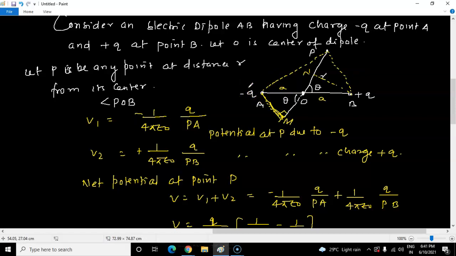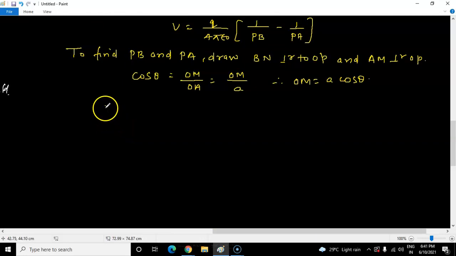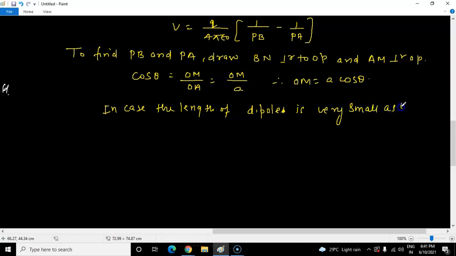In case the length of the dipole is very small as compared to the distance r, this distance we have taken as r, the total distance, and compared to that this dipole distance is very small, so we can write that PA is the same as PM.